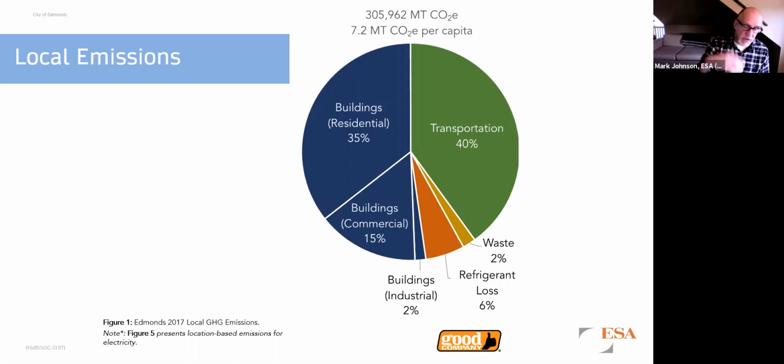If you're looking at that refrigerant loss, that's a good example of that. And so in order to make them equivalent to each other for this type of inventory, those are converted into what's called a carbon dioxide equivalent. And we just use this metric ton measure because it's a right-sized measure. So 7.2 metric tons per capita is about 17 tons per household in Edmonds. Next slide, please.